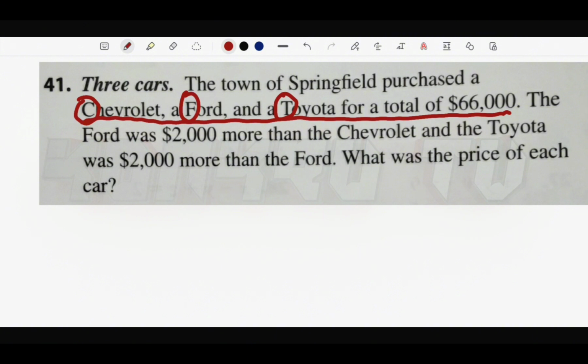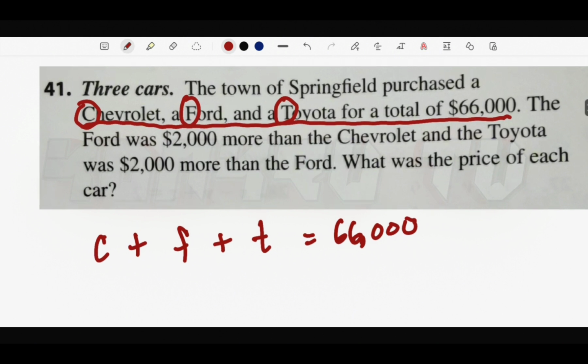Okay, so meron tayong C for Chevrolet, plus yung Ford at saka yung Toyota. Ang sabi niyan, ang total niya is, kalimutan muna natin yung dollars, 66,000. So yan yung first sentence.